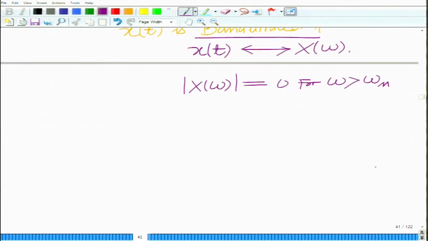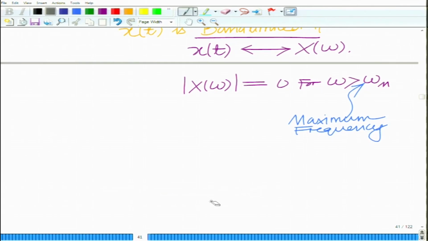So, omega m is the maximum frequency, and this plays an important role. We will talk more about this later. So, all the frequency components in the spectrum X of omega for omega larger than omega m, or omega smaller than minus omega m, are 0.